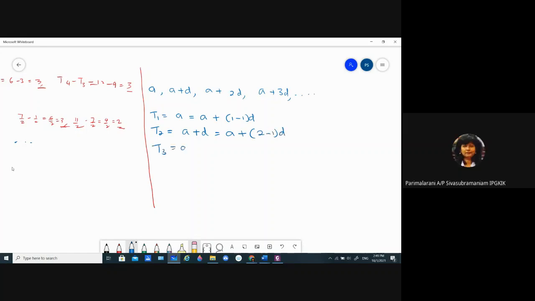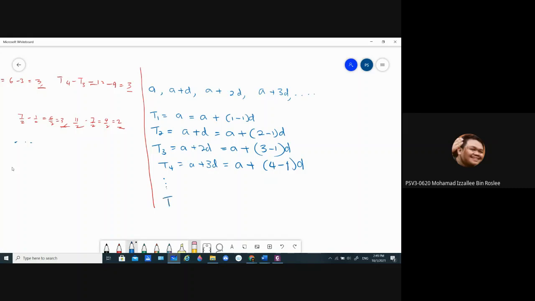Term 3 is A plus 2D, which can also be written as A plus (3 minus 1)D. Term 4 is A plus 3D, which can also be written as A plus (4 minus 1)D.